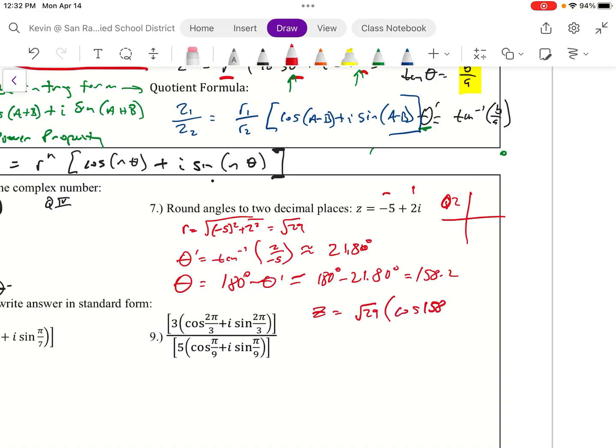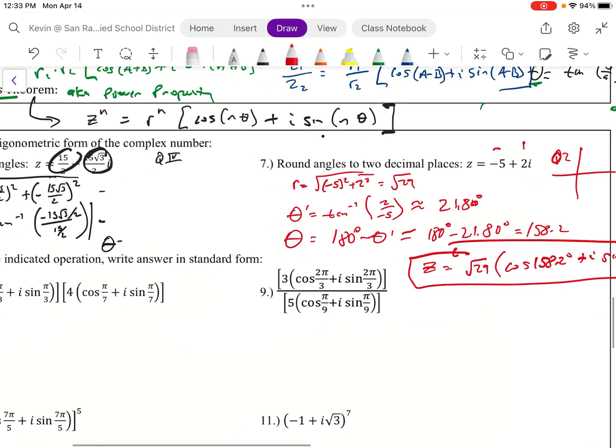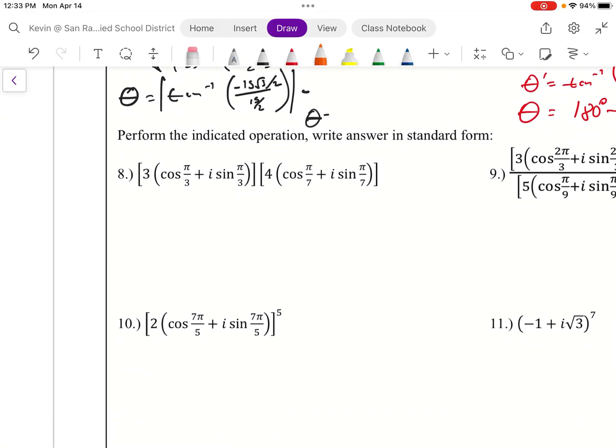So we have z equals r, square root of 29, cosine of 158.2 degrees plus i sine of 158.2 degrees. And there's your answer.